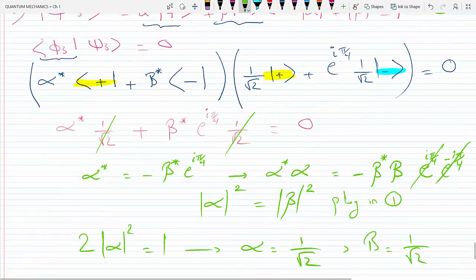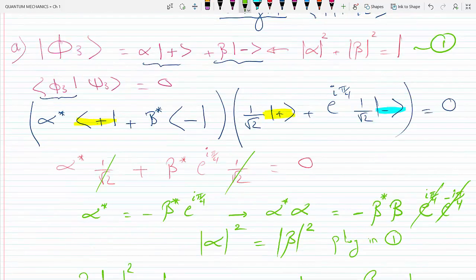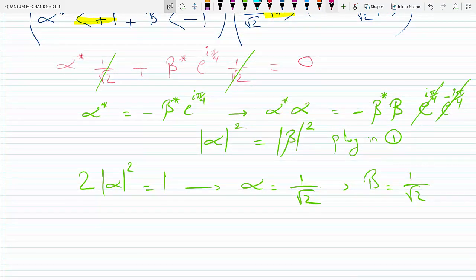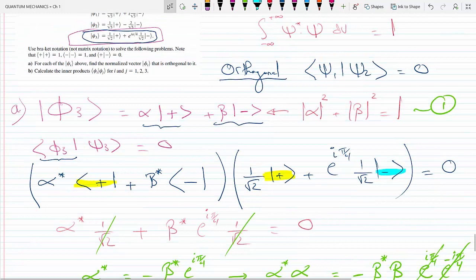And so now that I found my alpha and beta, you just plug them into psi 3, and that's your answer. So psi 3 is 1 over root 2 plus, is it plus or minus?